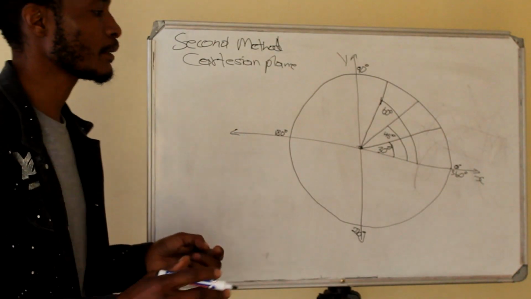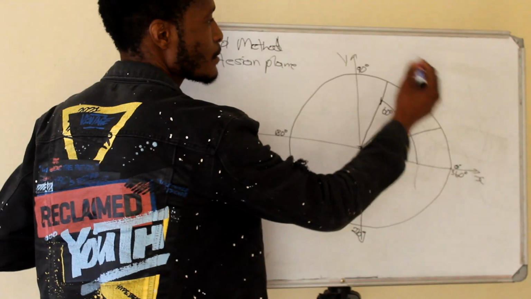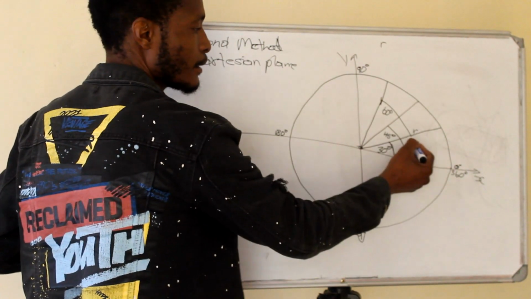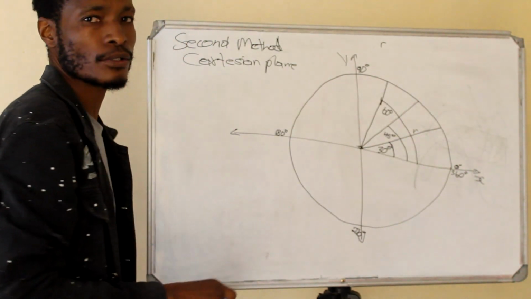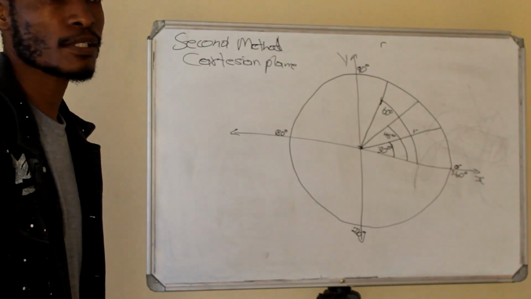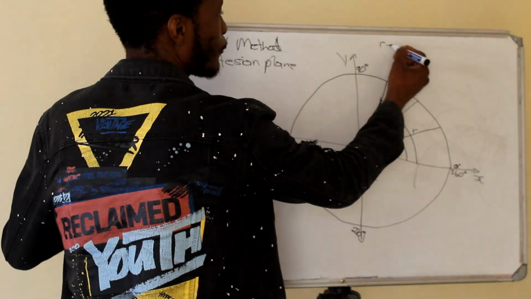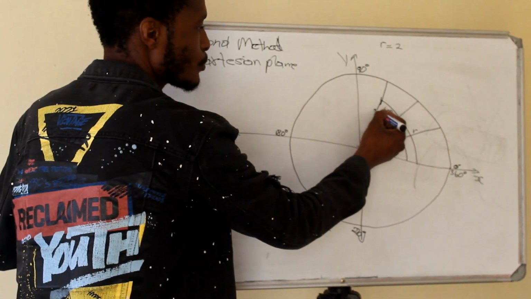Now we're going to work in coordinates, because remember I told you that your radius r, which is represented by this line that keeps moving throughout the whole circle, remains constant in the same circle, and that will be equal to 2, right? So that's the value 2 there.